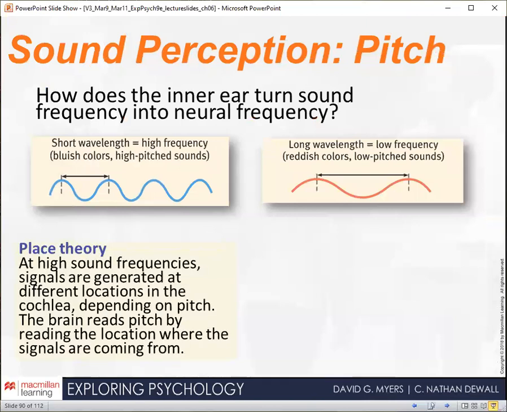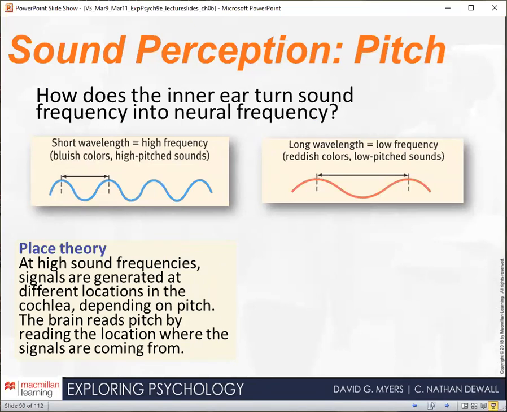We have place theory. At high sound frequencies, signals are generated at different locations in the cochlea. So when we have a high frequency, it will have a greater impact on different locations within the cochlea, depending on the pitch. The brain reads pitch by reading the location where the signals are coming from. So it's what we refer to as place theory.